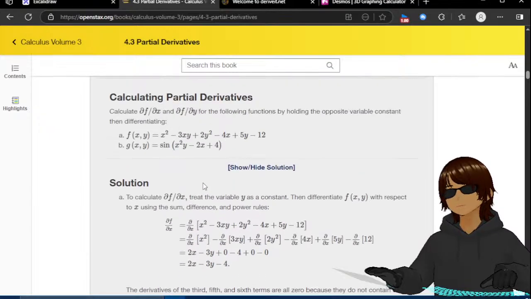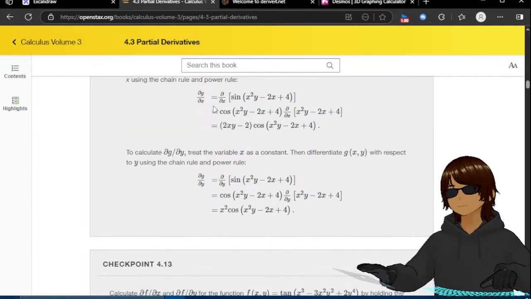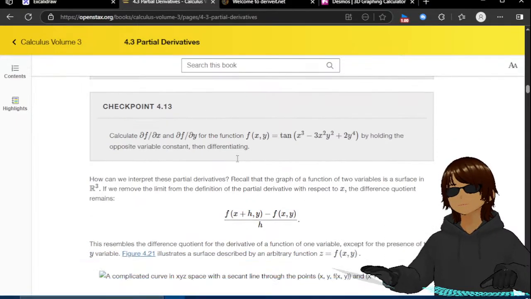Hold on, what? 2xy minus 2. Derivative of the outside and the derivative of the inside. So differentiating with respect to x, 2xy minus 2. Yeah, I'm correct.